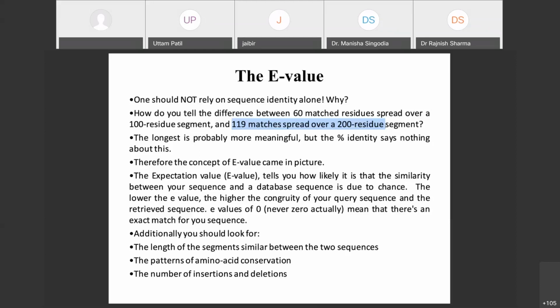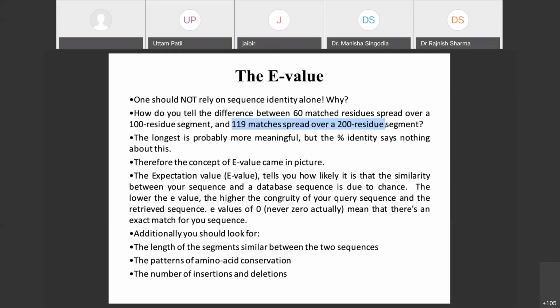However, if we just calculate the percentage identity, you will say the first one is probably better because it shows 60%, while the other one shows 59.5%. So if you just see the percentage identity, you might not be able to make a very good decision.